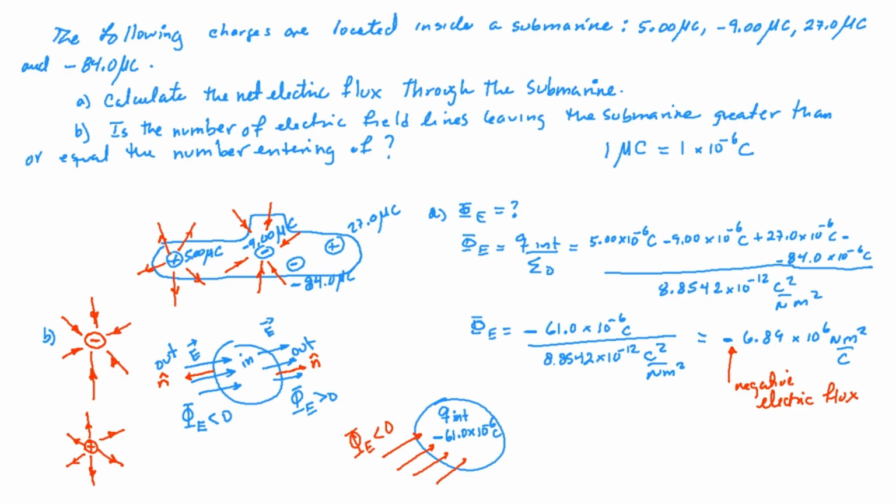So we can say in this case that there are more lines entering and fewer lines leaving the submarine. So fewer electric field lines are leaving the submarine than entering the submarine.